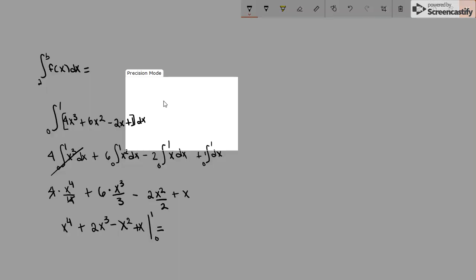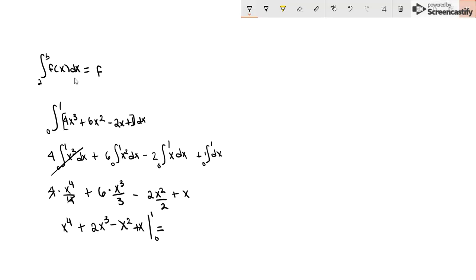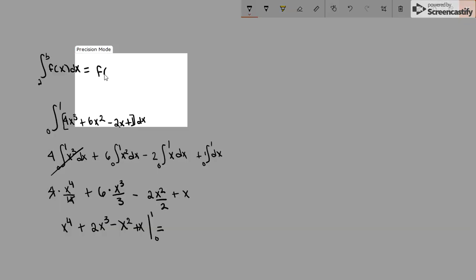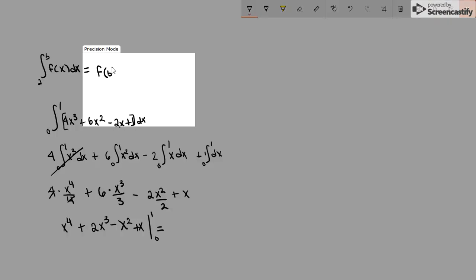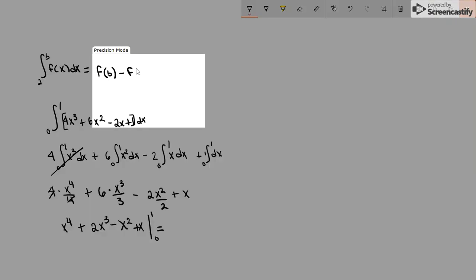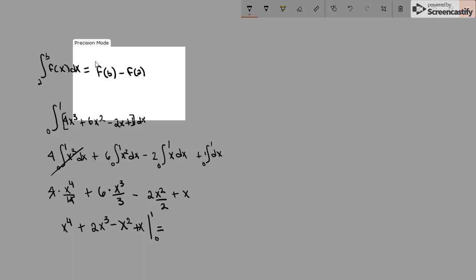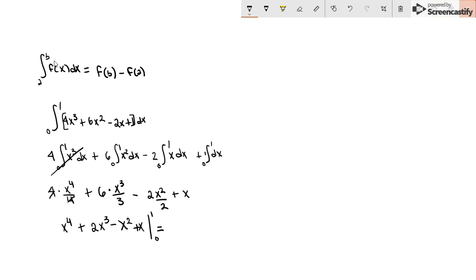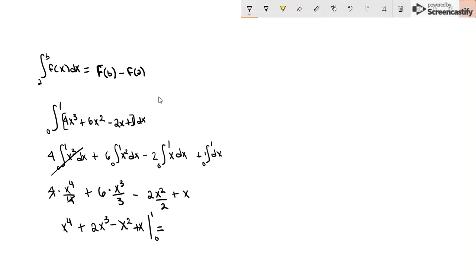So it's always F of b minus F of a. All right? That's how you find the value of a definite integral. You do F of b, the integral of it, minus F of a, right? So this is actually capital F, not lowercase f.